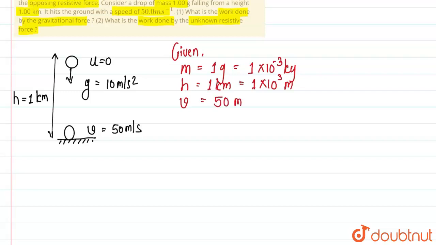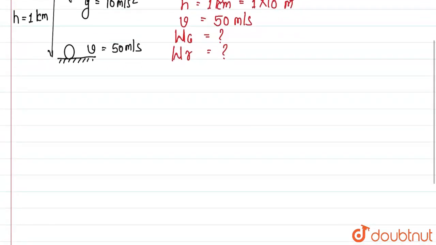Its final speed they have given as 50 meter per second, and they ask work done due to the gravitational force and work done due to the resistive force. So these two types of work done we are calculating.